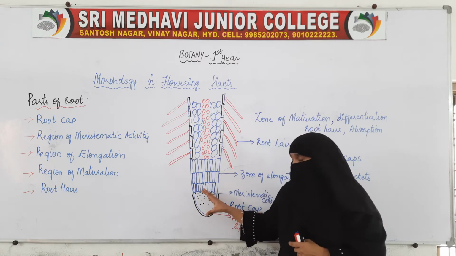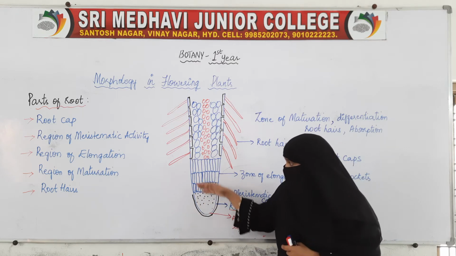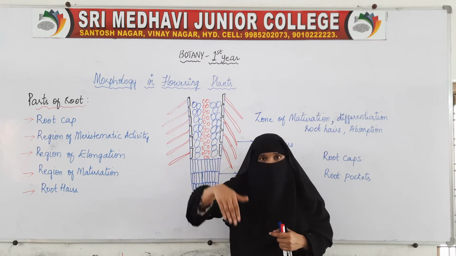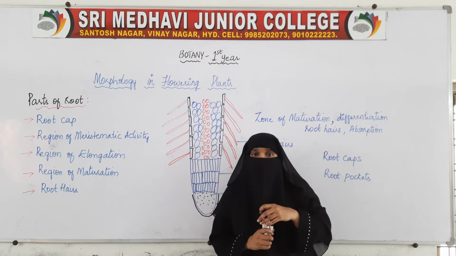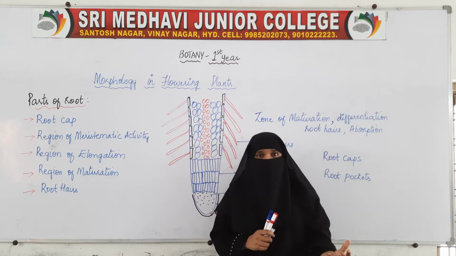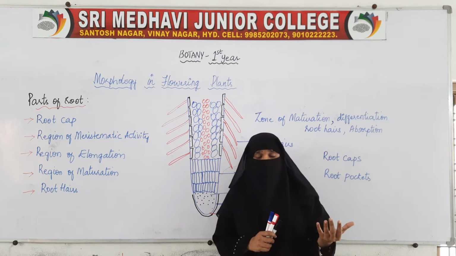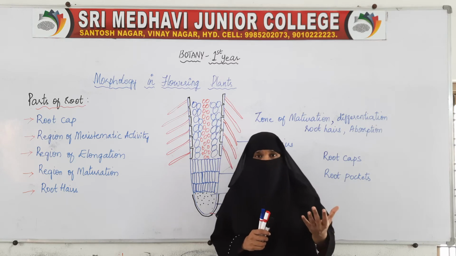So this region has to be properly protected, and as the root is positively geotropic, it will grow vertically downwards, that is, towards the soil. So it will go deep inside, and it will be very rough inside the soil. So the roots will be subject to wear and tear.